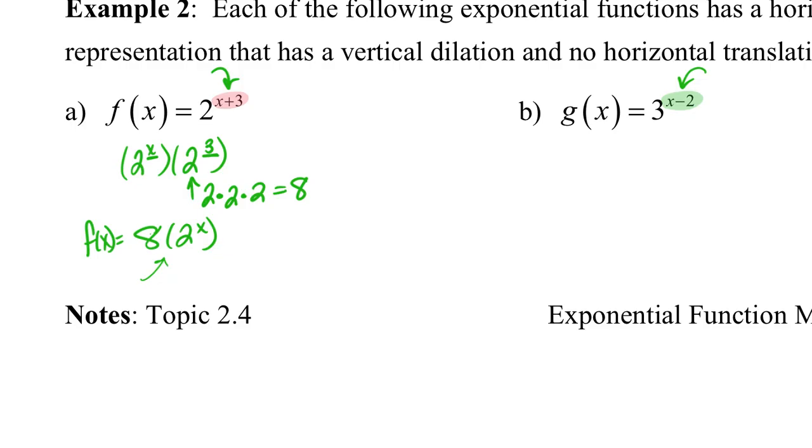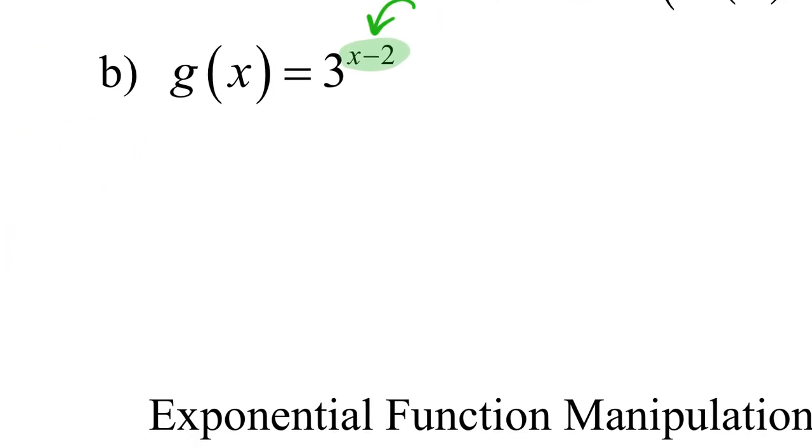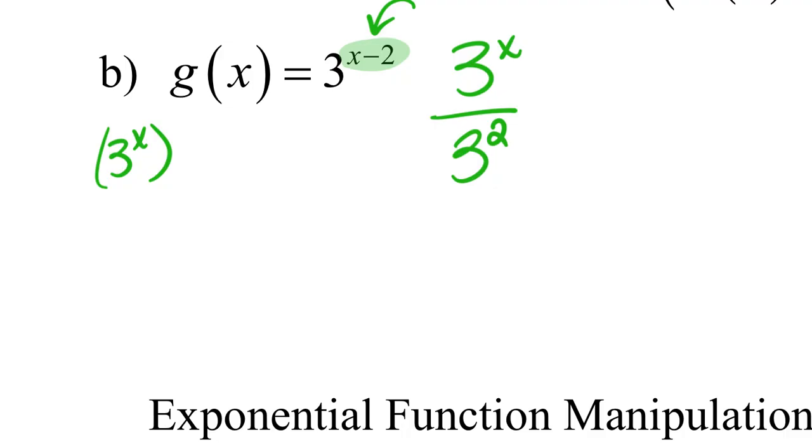So what would be the opposite of multiplication? I would be dealing with some division here. So I would be writing this one as 3 to the power of x over 3 squared. Some people might write it as 3 to the power of x times 3 to the negative 2.